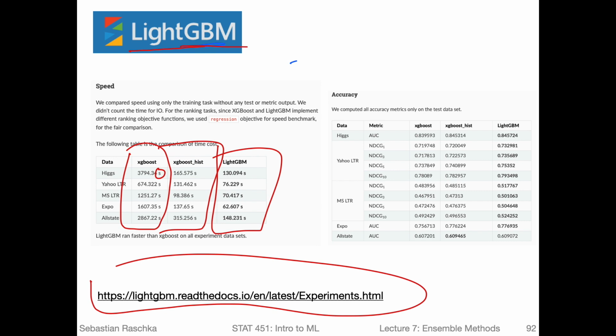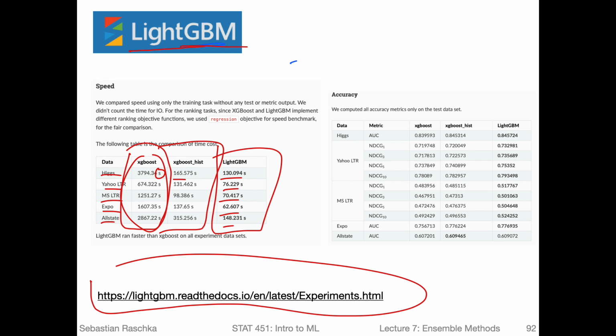You can see on the different data sets that the improved XGBoost version is much faster than the original gradient boosting implementation in XGBoost, and LightGBM is even faster than that. So they are in most cases almost twice as fast as XGBoost.